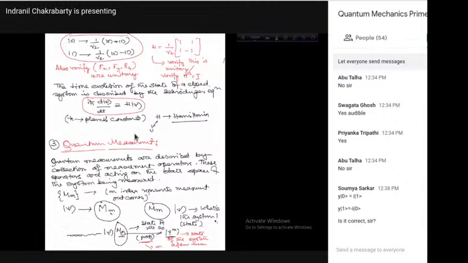But in general, if this measurement process is characterized by this set of operators M_m, where m is the measurement outcome, then the state of the system after the measurement will be in the form M_m psi, and the probability that the measurement outcome m will occur can also be found out, right?